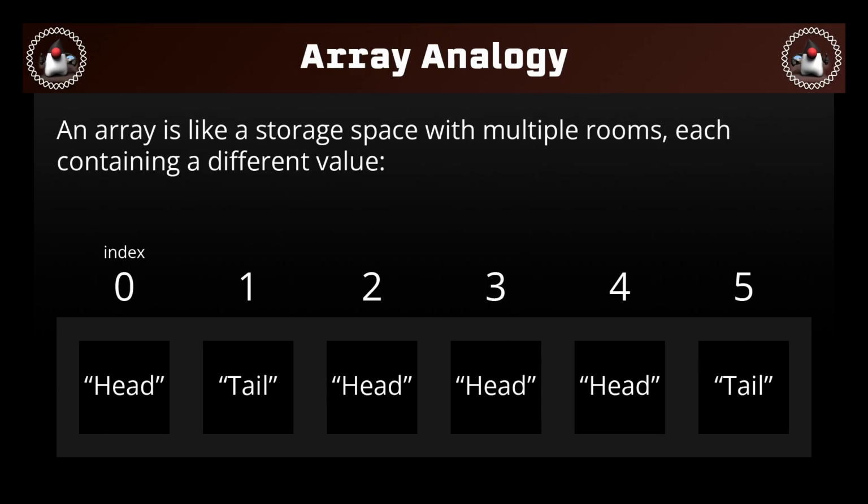That's just the way programming languages work. So the coin toss value at index 0 is head, index 1 tail, index 2 head, and so on.